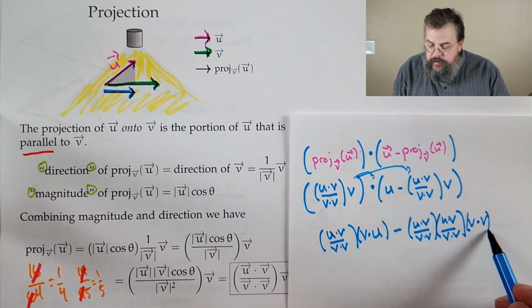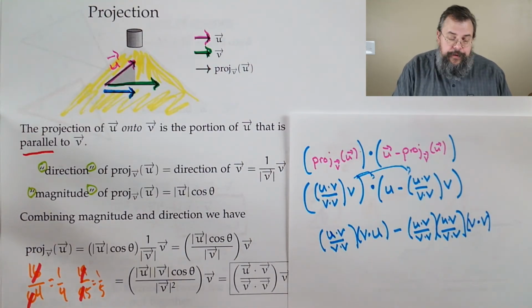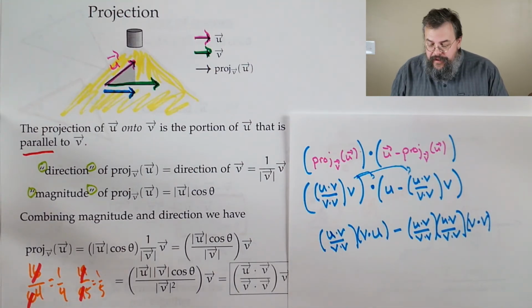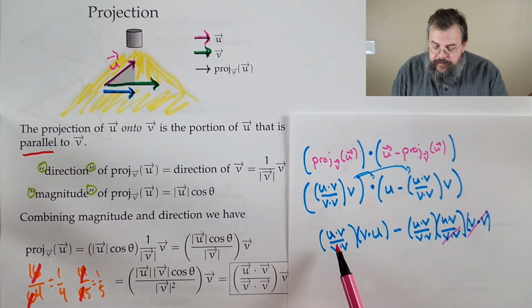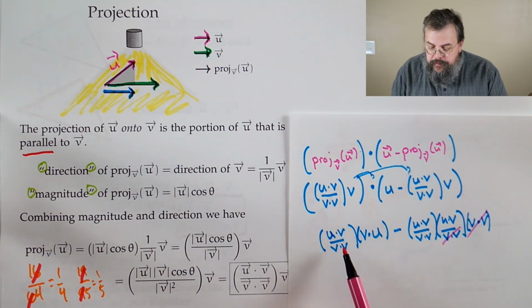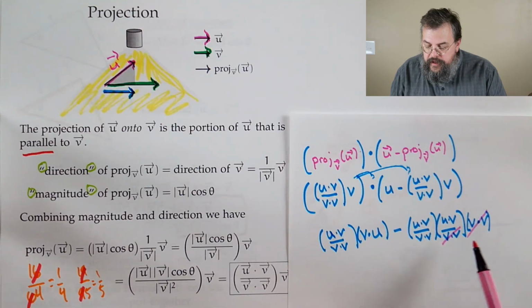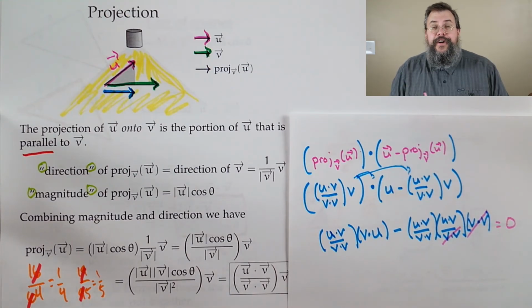And now we say, aha, look, almost as if it was meant to happen, because it was meant to happen. The v dot v's cancel there. We have a u dot v and a u dot v. These are the same. u dot v and v dot u are the same. So u dot v squared over v dot v, u dot v squared over v dot v. And so indeed it is 0, which means, aha, we were correct.